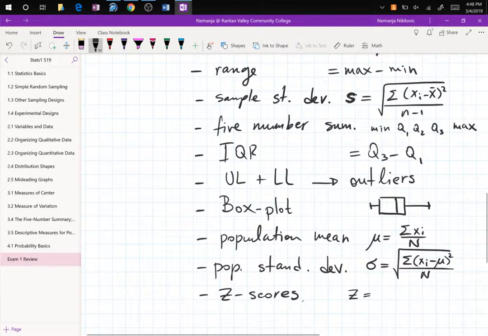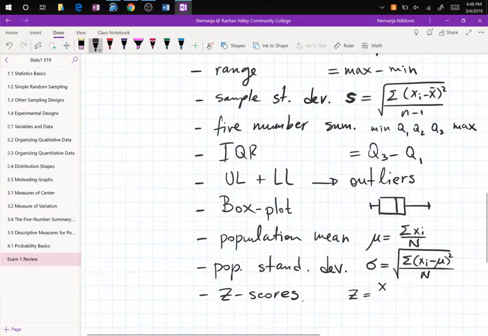Just say it. Non-standard deviation away from... Yes. So for any observation, any data point you pick, it measures how many standard deviations that observation is away from the mean. Very good.